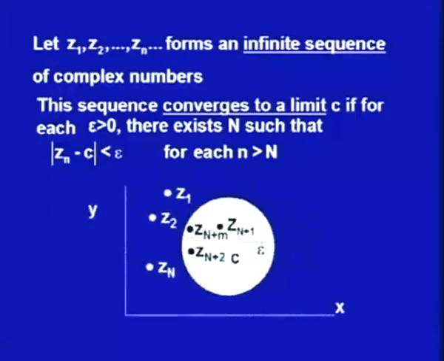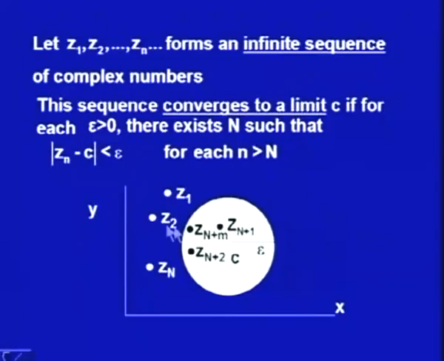This can be explained graphically. On the z plane we have numbers z1, z2, z3, zn plus 1 and so on. Let us say this is the number c. Can we draw a circle at c with radius epsilon in such a way that all the points after some n all lie in this circle?